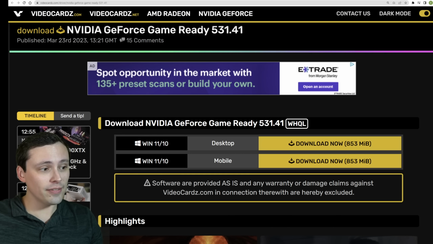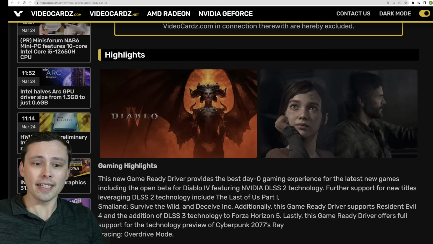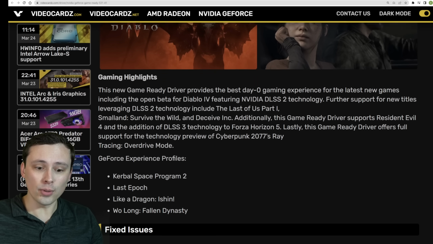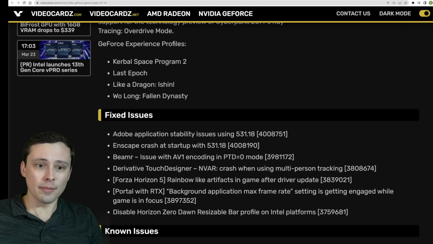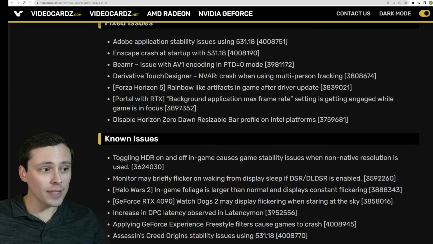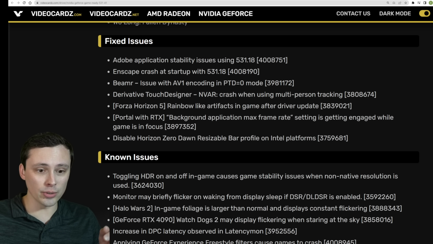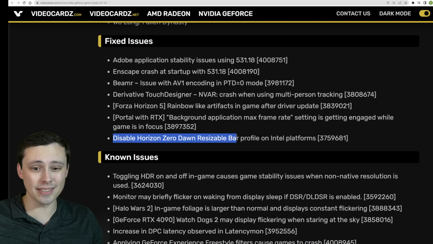There are also new NVIDIA drivers out. And in addition to support for Diablo 4 and The Last of Us, there's a really interesting note here in the fixed issues: disable Horizon Zero Dawn resizable bar profile on Intel platforms.